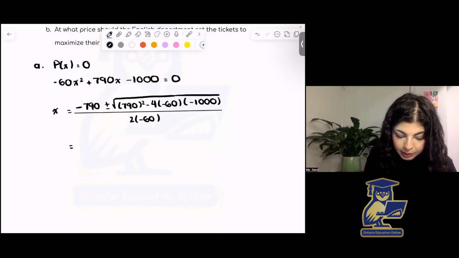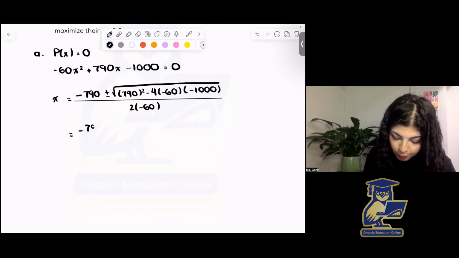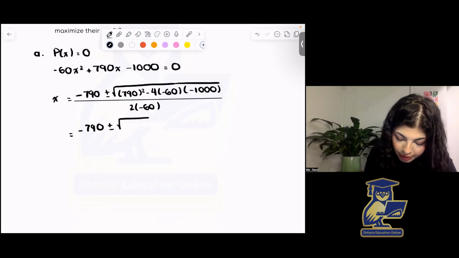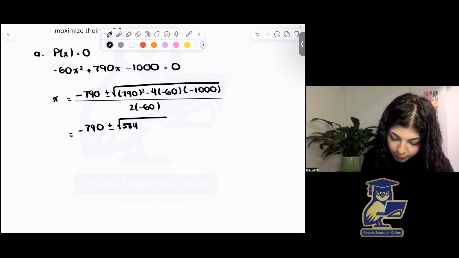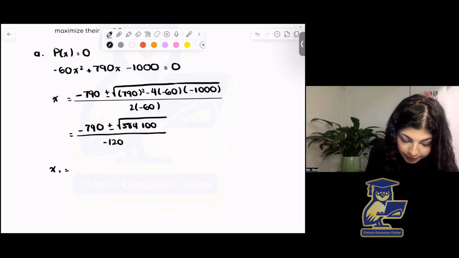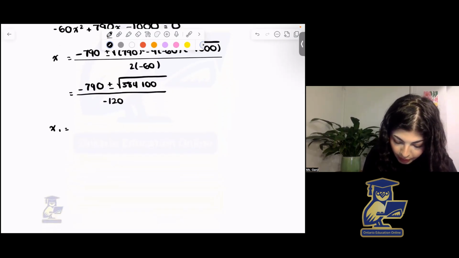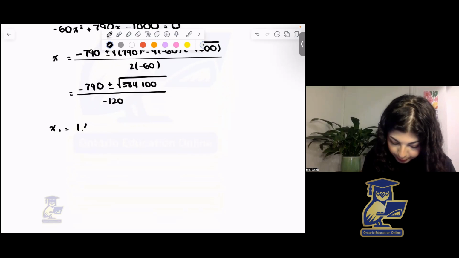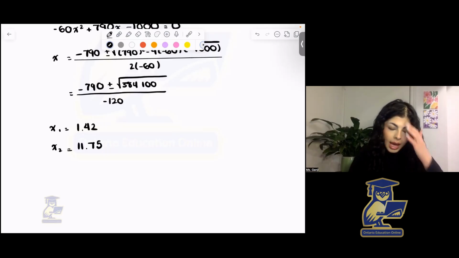Now, if you do the calculation with your calculator, you should get 384,100 over negative 20. And now if you solve for x1 and x2, we definitely want to round to decimal points.